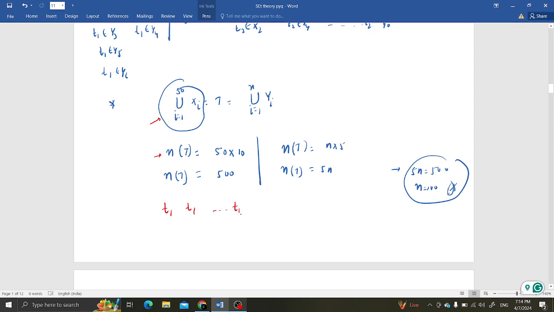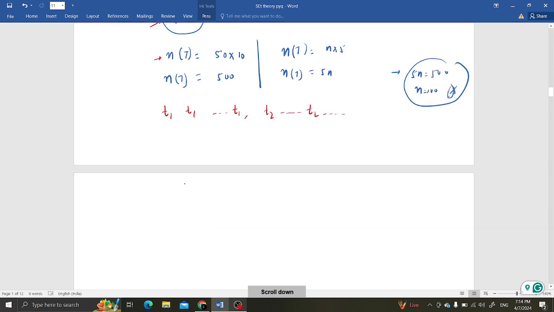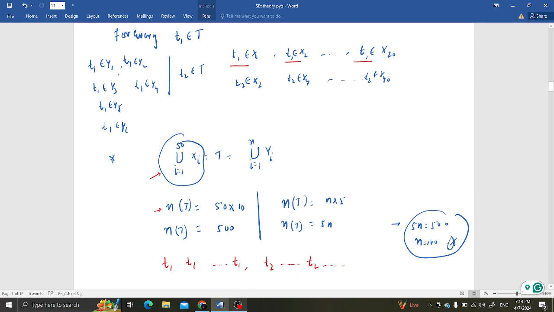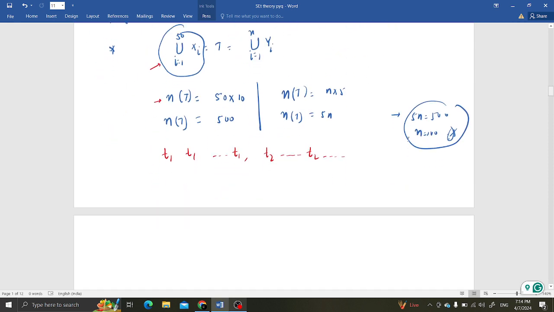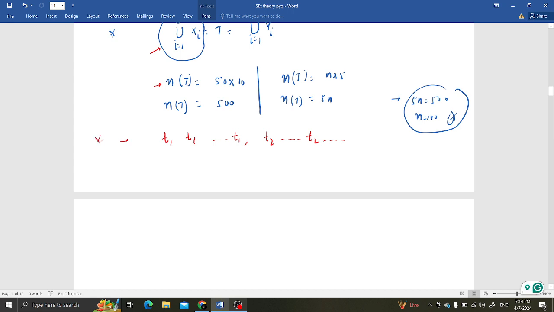So T1 repeats 20 times, same as T2 repeats 20 times, and so on. This T1 in the yi sets repeats 6 times. In the case of the xi's it repeats 20 times, and in the case of the yi's, 6 times.